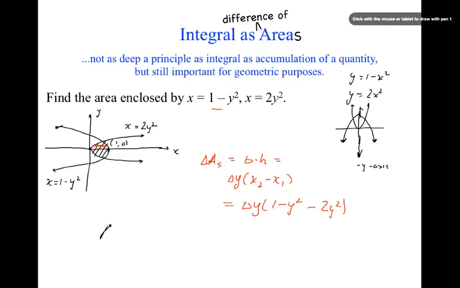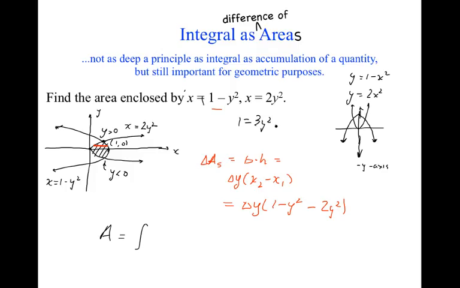now we're going to add up all those typical strips. No, because the first one is at this negative, whatever that y value is. It's going to be some y value less than 0. So what are we going to do? We're going to have to set the x-coordinates equal and solve for y, and we get 1 equals 3y squared.